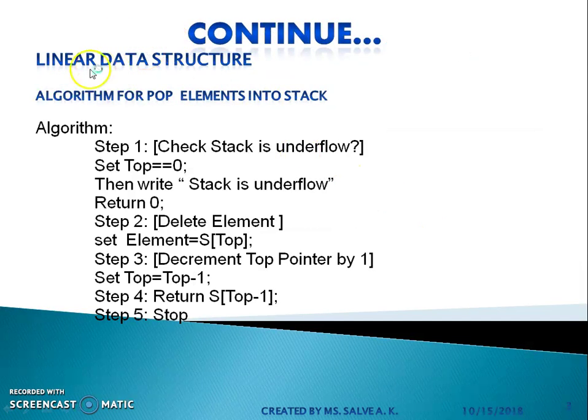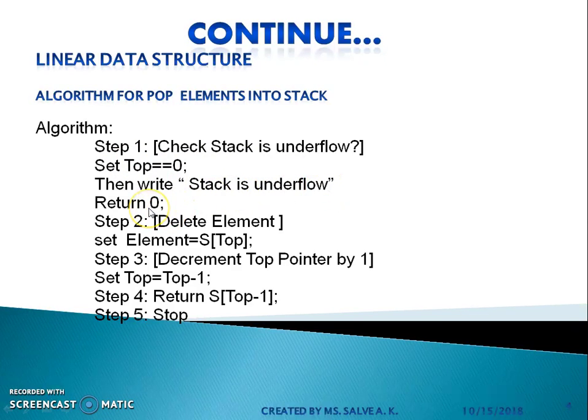Similarly, we discuss the algorithm to delete the element from the container. First we check whether the stack is underflow. The condition for underflow means there are no elements available in the container. We set the top pointer equal to 0. Then we write that the stack is underflow.